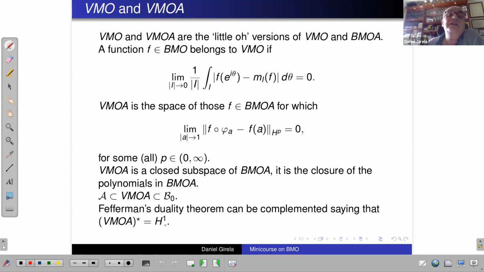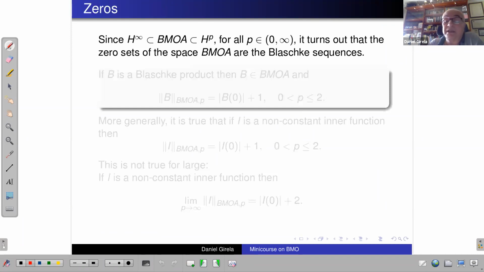And now that we have more or less studied a little bit the spaces BMOA, and we have proved the two basic results that I said, the connection of BMO with analytic functions, the substitute of the M. Riesz conjugation theorem for p equal infinity, and this Fefferman's duality theorem, then what we try to do is to study a little bit the structure of the space.